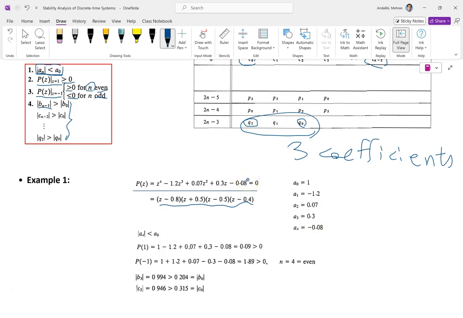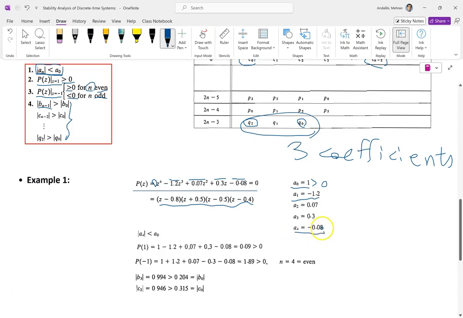So here we need to write down the A's clearly. A0 is what? A0 is your basically coefficient of the highest order, so it's going to be 1, and you see it's positive, of course, based on the condition we have. If it's not, you can divide both sides. Then what? Then a1 is 1.2, and then you keep going, negative 1.2, 0.07, 0.3, and negative 0.08.